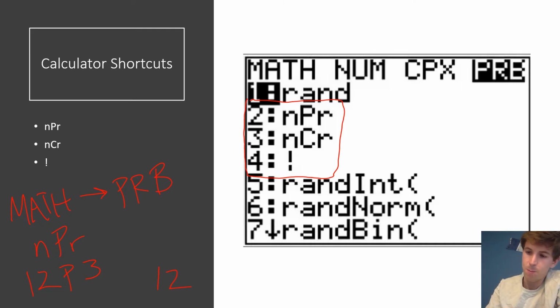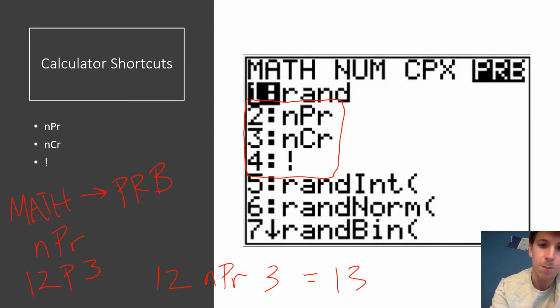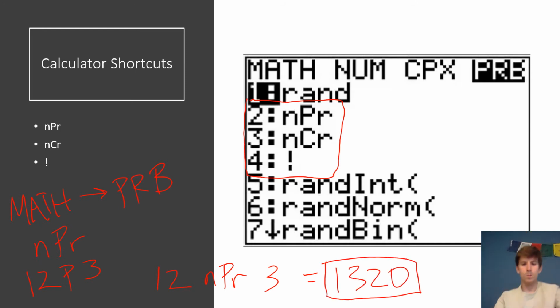Then go to that math probability menu and hit nPr. Once it brings you back to the home screen, hit 3 and then press enter, and it should give you the same thing that we got from the results of the previous question.